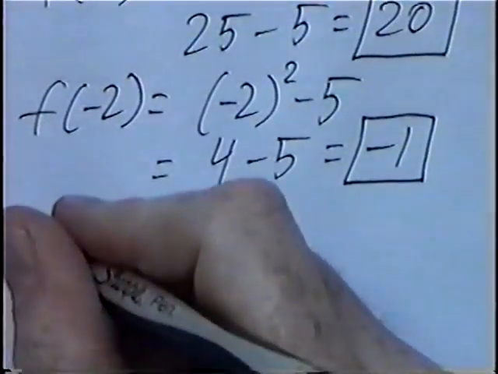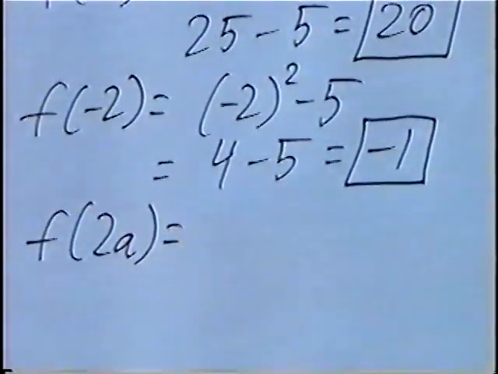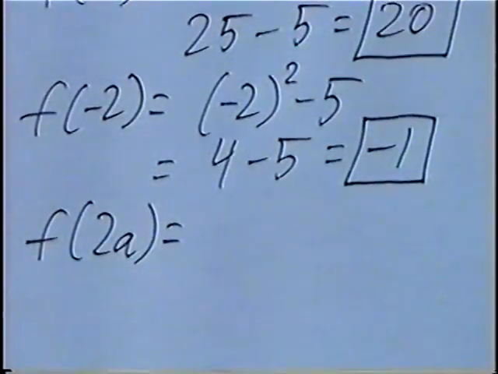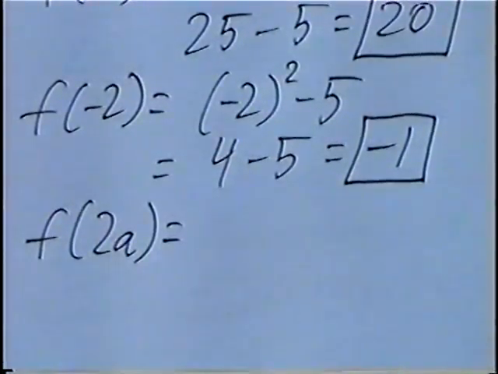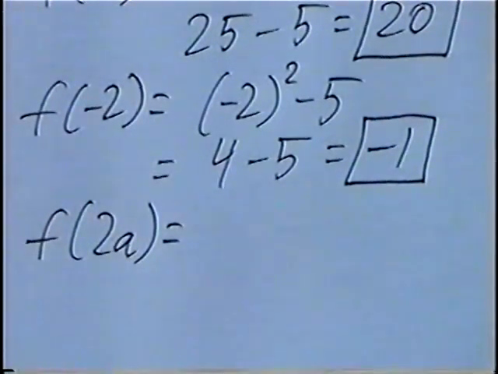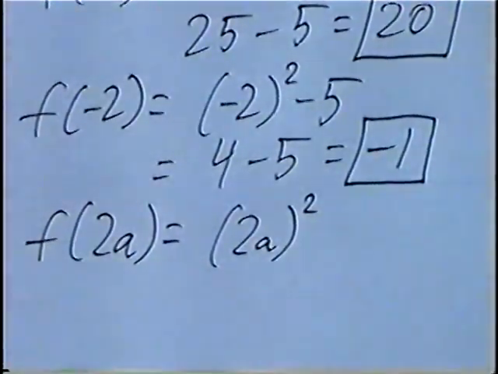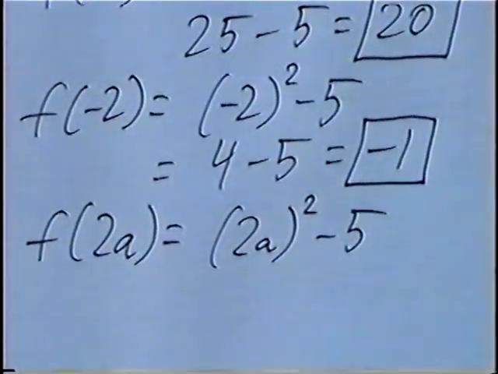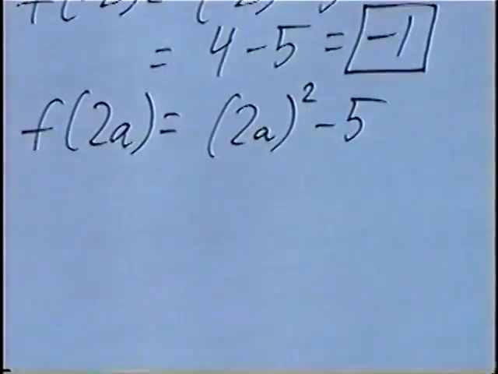And the last question for the section, f of 2a, or the function of 2a. In this question we'll take 2a and plug it in for x in the original function. Instead of x squared, we'll have 2a to the second power, or squared, and then minus 5. 2a inside parentheses squared.